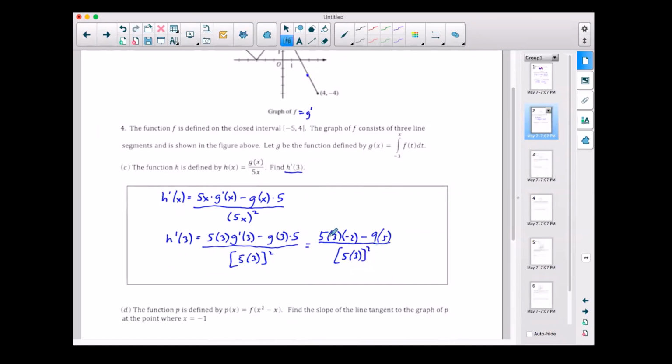And now all of a sudden I have numbers, right? All these are numbers that I could type into my calculator. We could stop right here and be done. And on the free response, again, this late in the exam, I probably would recommend that you do stop here, right? I know it's hard because you spent literally 12 years of your life or 11 years of your life in school being told you had to simplify things. And you should know how to simplify because 45 questions on the exam are multiple choice.